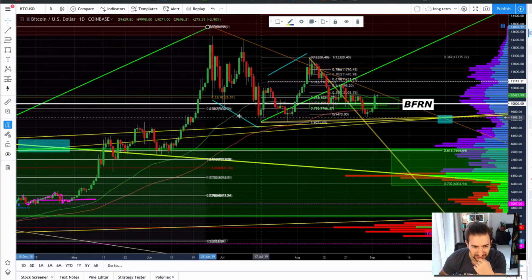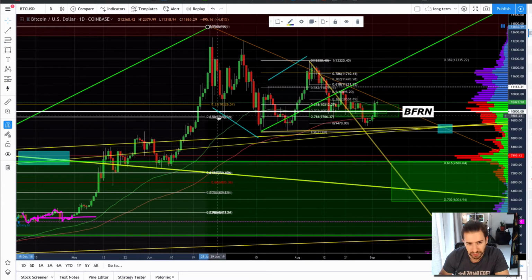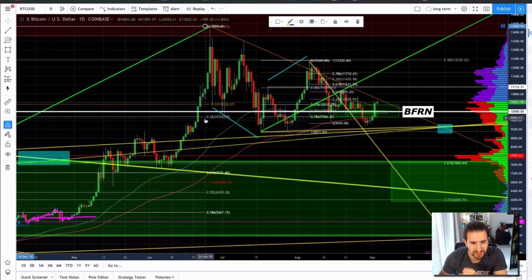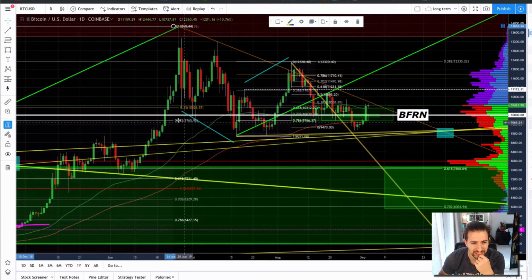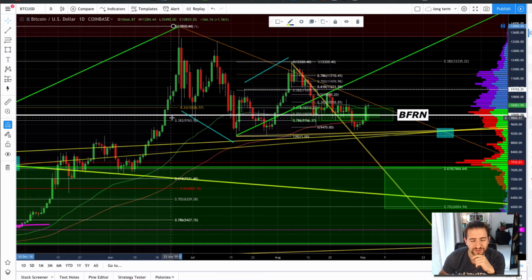And right here is, oh, I already had that one drawn on. So right here is that 38.2 level, right? That's the first stop level. It's where the market is going in a certain direction, but it decides, do I want to keep going in this direction or do I want to change? So that's why we don't know where we're going right now.